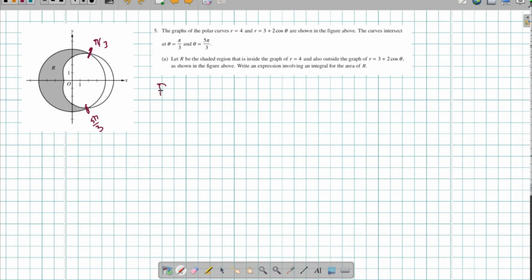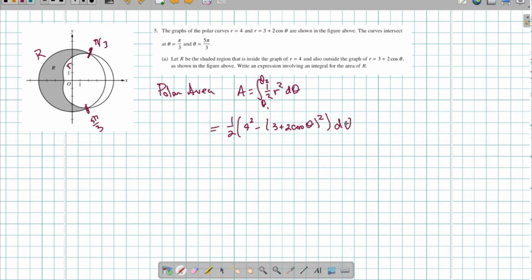And I know that whenever we're dealing with polar area, the area is going to be equal to the integral of 1/2 r squared d theta from theta 1 to theta 2. But because I'm dealing with two shapes, I'm going to have to take the outer area and subtract the inner area. So it's going to be equal to 1/2 my big R is the circle, which is 4, minus my small r, which is going to be the 3 plus 2 cosine theta.